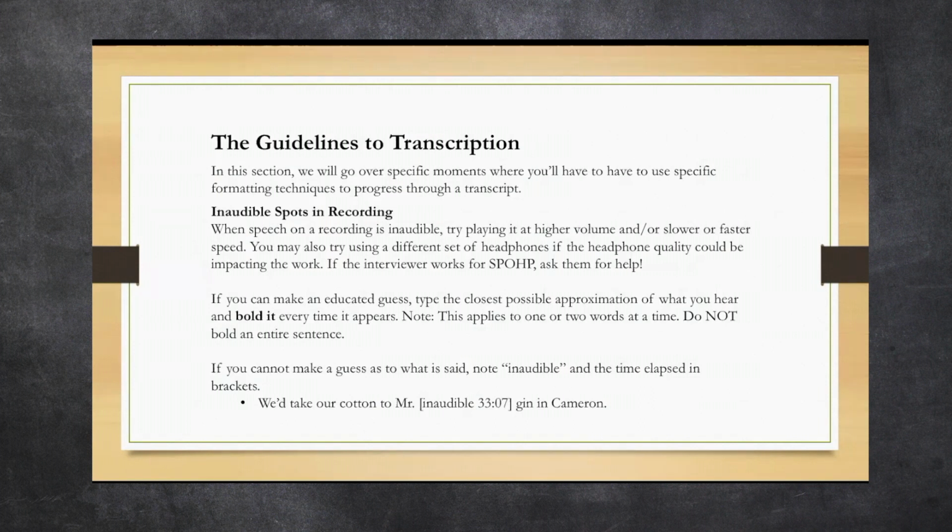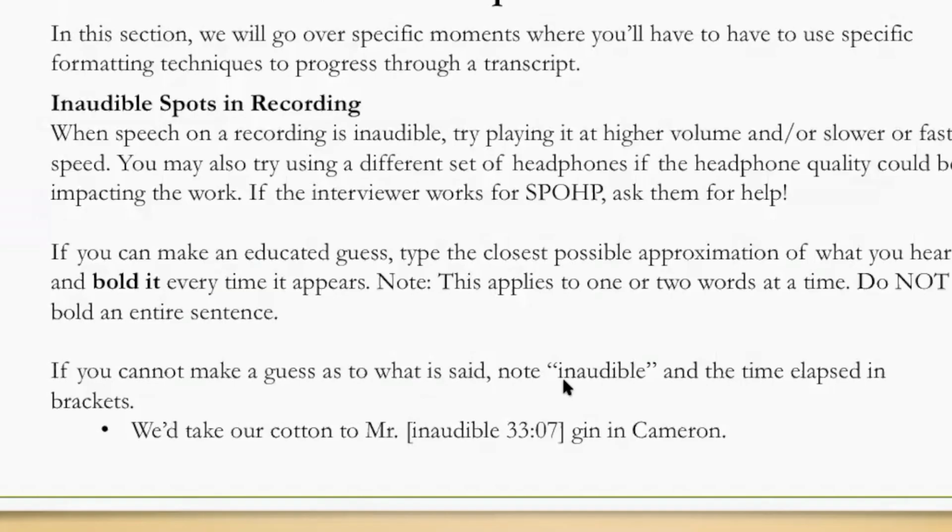In those cases, if you listen to the audio multiple times and you cannot distinguish what they're saying, and that's perfectly okay, because again, not every audio is perfect, then what we want you to do is, in open brackets, type in inaudible, and you are going to be typing in the timestamp.